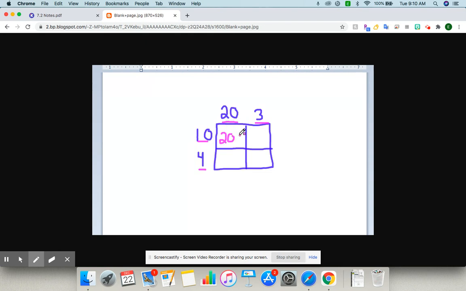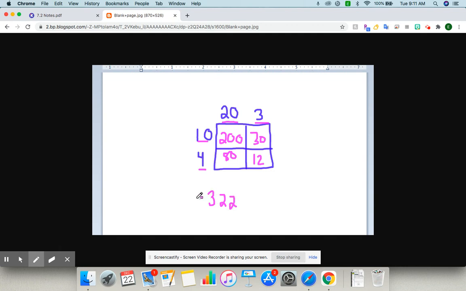So we have 200, 30, 80, and 12. So then the total product or area would be all of these quantities added together.